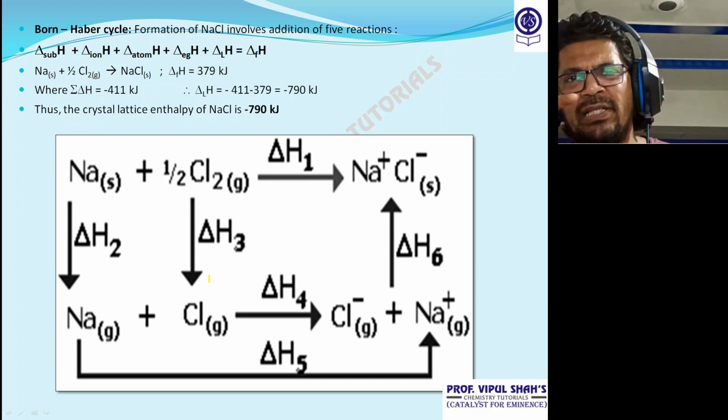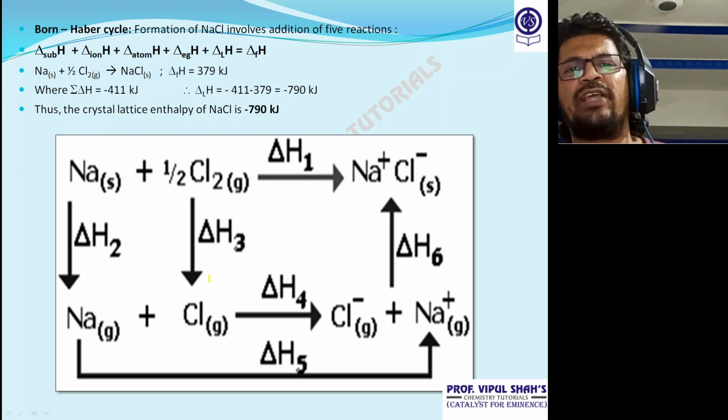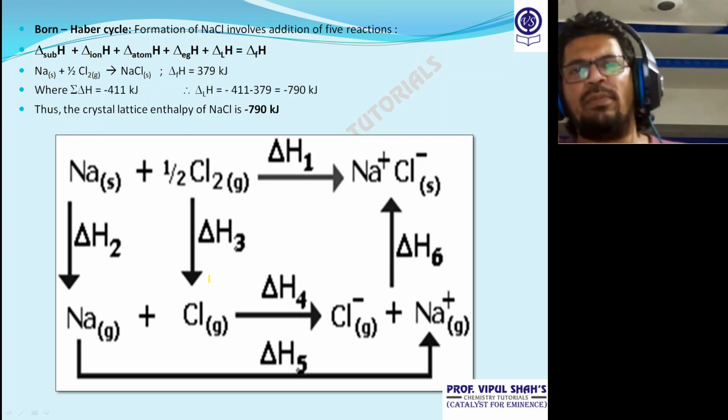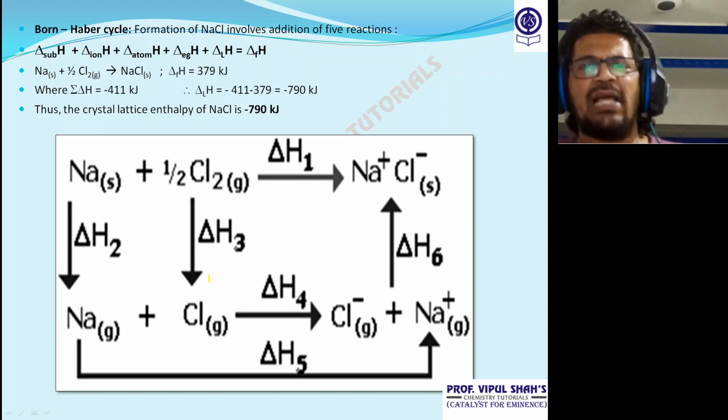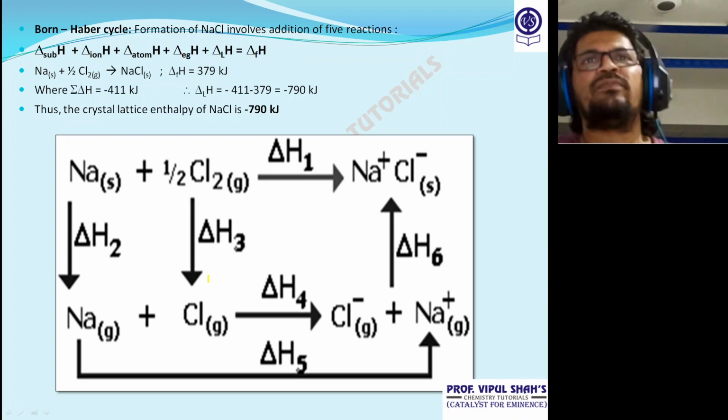And the attraction between Na plus and Cl minus is called lattice energy, and all of this together gives us the enthalpy of formation of NaCl. So formation of NaCl is a summation of 5 energies: sublimation, ionization, atomization of chlorine, electron gain enthalpy of chlorine, and lattice energy of NaCl. That's the formula we have for formation of NaCl.